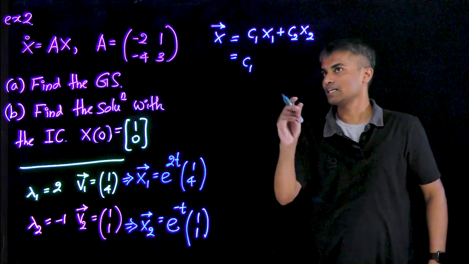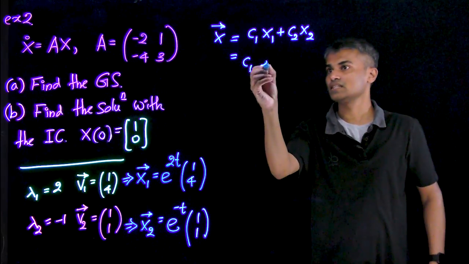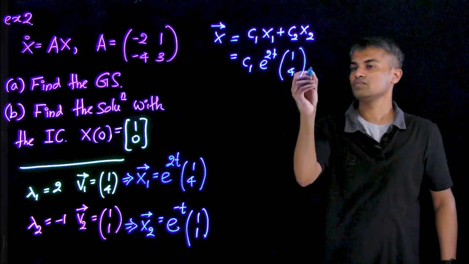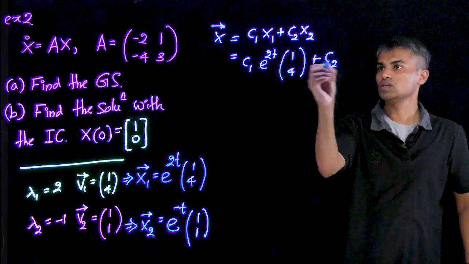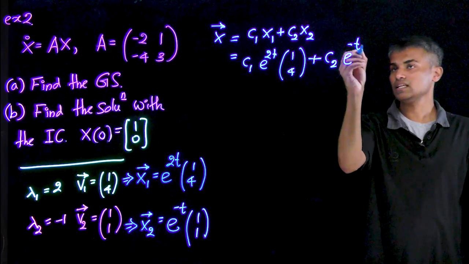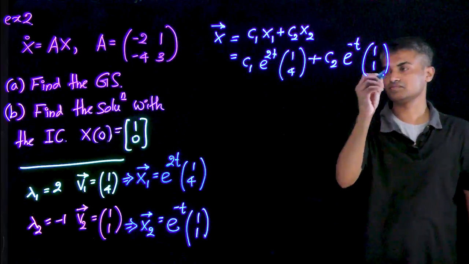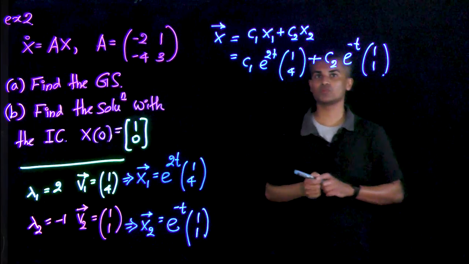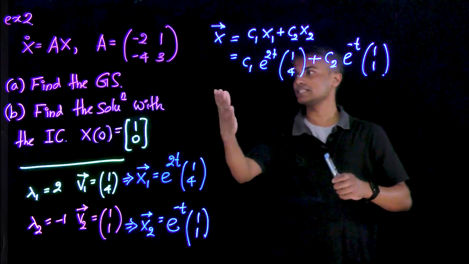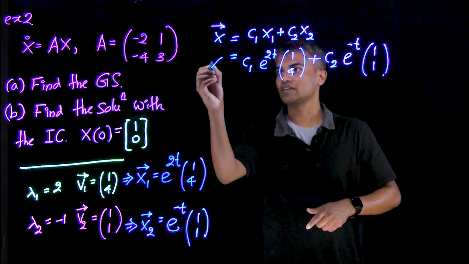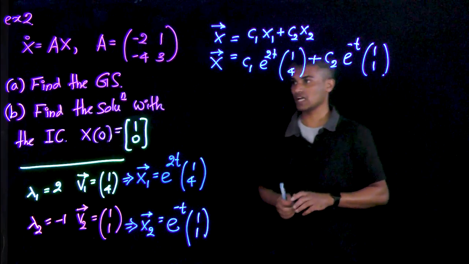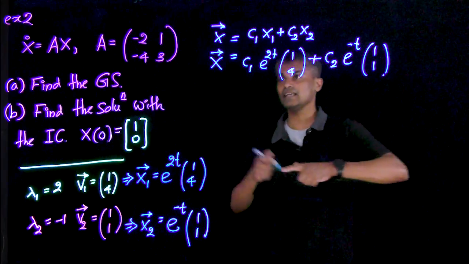We have c1 times x1, which is e to the 2t times (1, 4), plus c2 times e to the -t times (1, 1). And here c1 and c2 are arbitrary constants. Okay, so this is the general solution for this particular problem. Now this is part A.